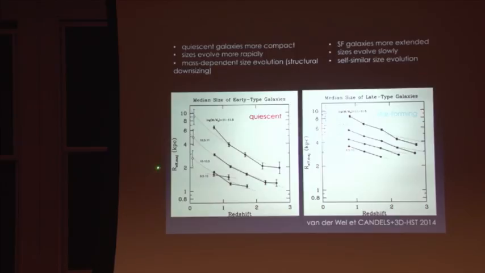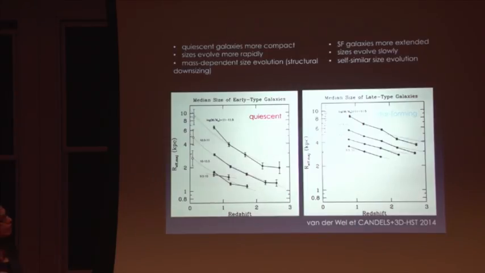Now we're seeing size versus redshift, where each line is for a fixed bin in stellar mass. These are galaxies with stellar masses of 10 to the 11, going down in mass to 10 to the 10 or 10 to the 9 or so. An interesting thing is that the evolution of the sizes for quiescent galaxies is much more rapid than the evolution of the sizes of star-forming galaxies.